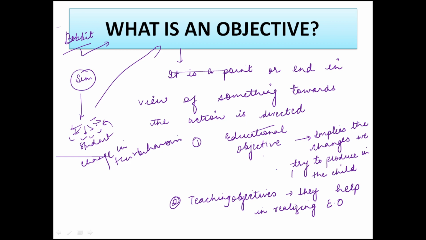They are very narrow, specific, and clear, and they are actually the medium of educational objectives. And there are many more classifications, like general objectives and specific objectives, and ultimate objectives and immediate objectives. So there are different kinds of classification.